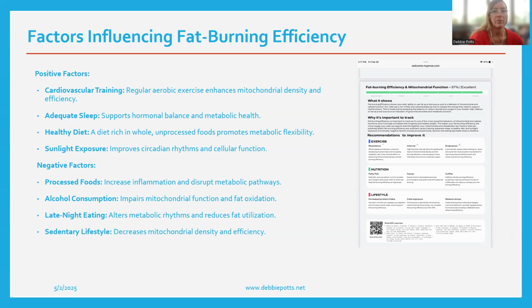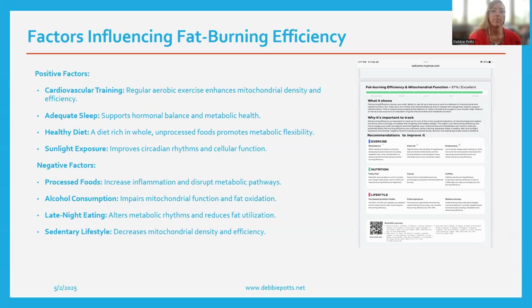So positive factors that influence your fat burning efficiency are how you're exercising to improve mitochondria density and efficiency. So getting more mitochondria in each cell, packing those cells up with as many mitochondria as we can, and getting them more efficient, creating more energy.